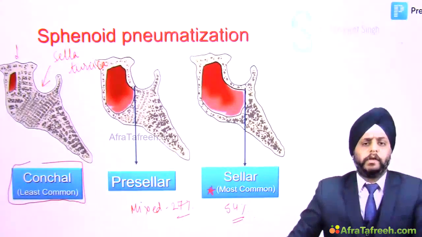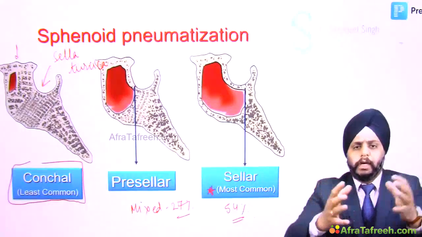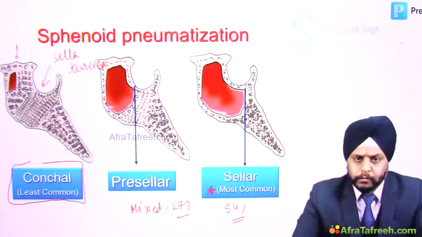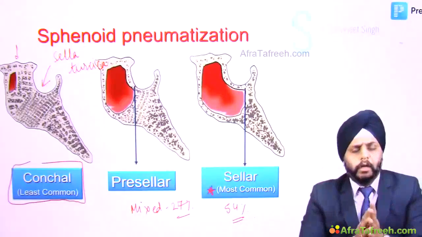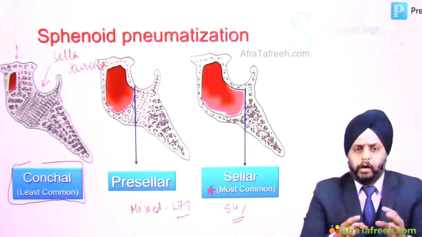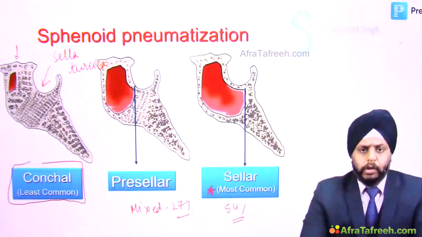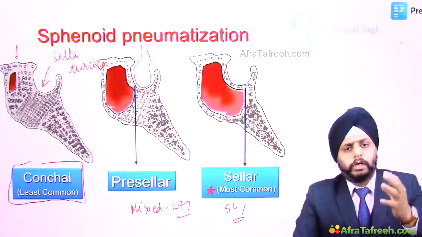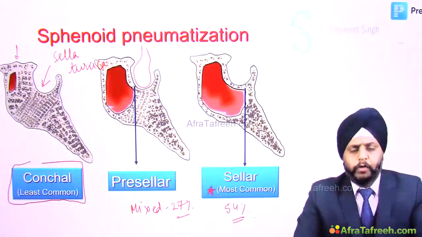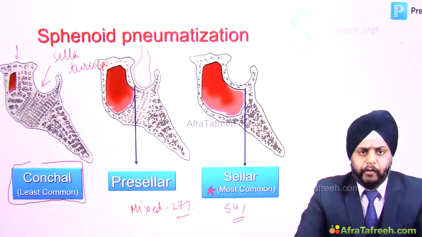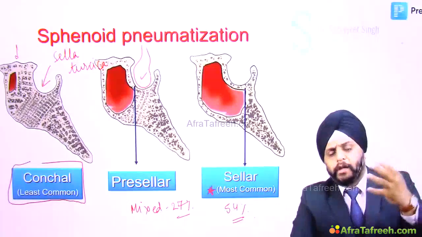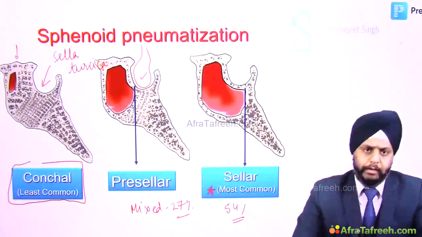Now, what is the significance of this pneumatization? Why are we talking about it? We're talking about it because in today's era of endoscopic surgeries, we can do pituitary surgery by the endoscopic approach through the nose. We know that the pituitary gland, the hypophysis, is there in the sella turcica, which lies above the sphenoid sinus.